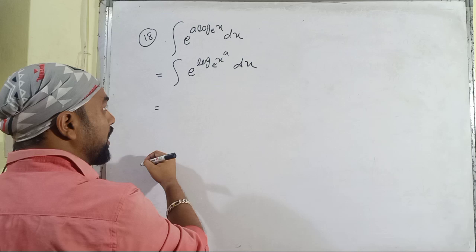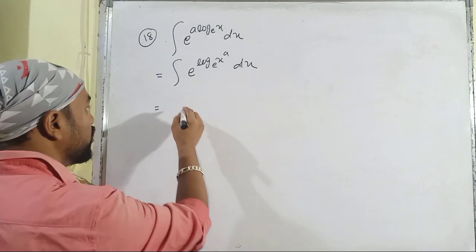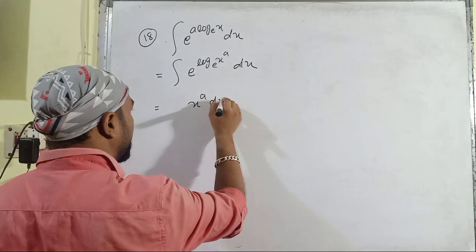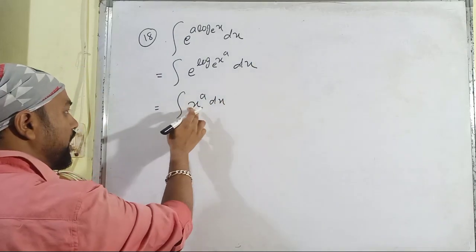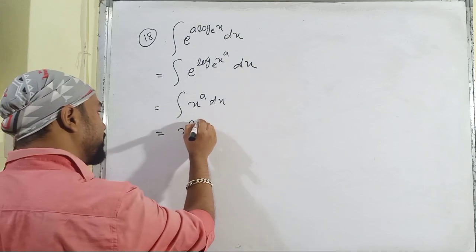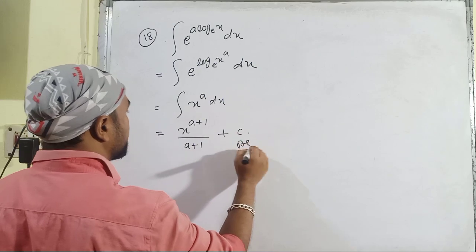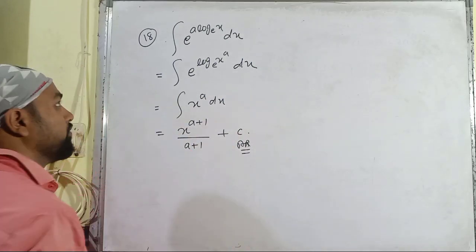Then again we know that e to the power log of some function is again that function. So it will be x to the power a. That means we have to integrate x to the power a with respect to x. So it will be x to the power a plus 1 divided by a plus 1 plus any constant c. And this is the answer for the problem number 18.